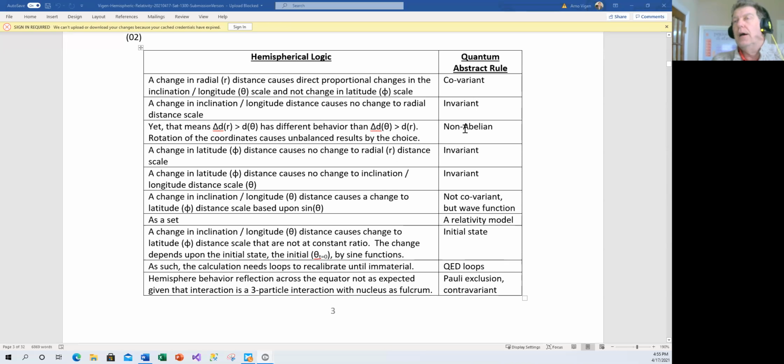And that's the ability of a function to go A to B and be the same as B to A. That is commutative, or abelian in the fancy physics terms, and thereby this is non-abelian. It does not reverse. Similarly, there are other things that happen. And in total, you get basically a specific relativity model. I'm not talking about general relativity of Einstein.